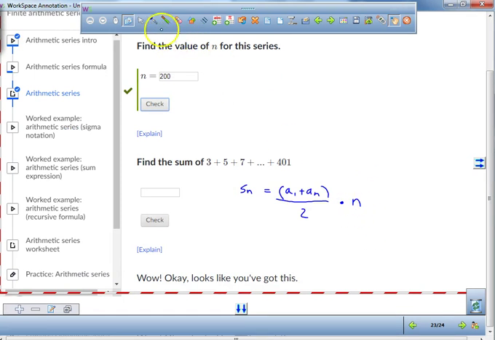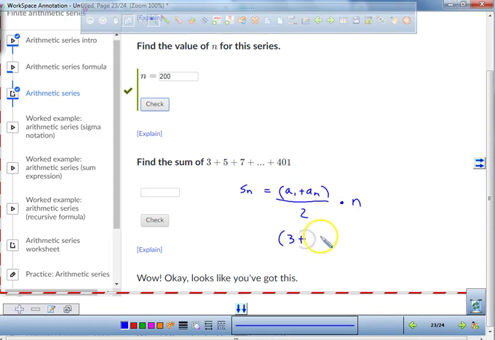So, here we go. What's our first term? 3. What's our last term? 401. Divided by 2 times 200.